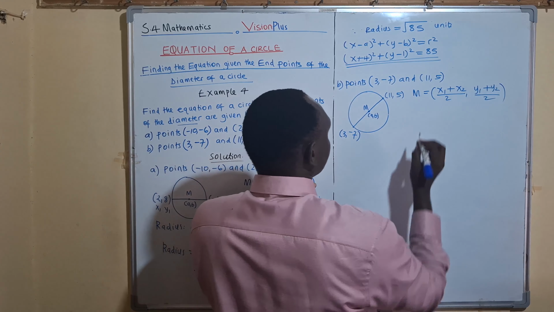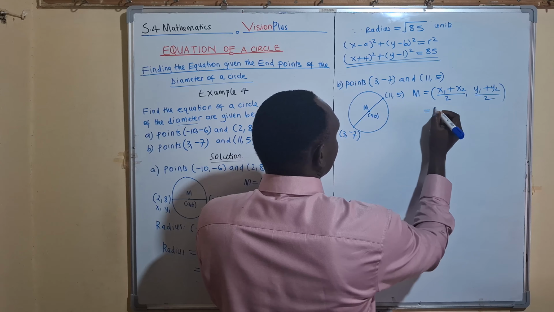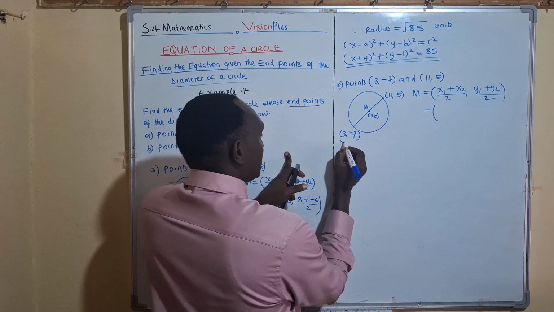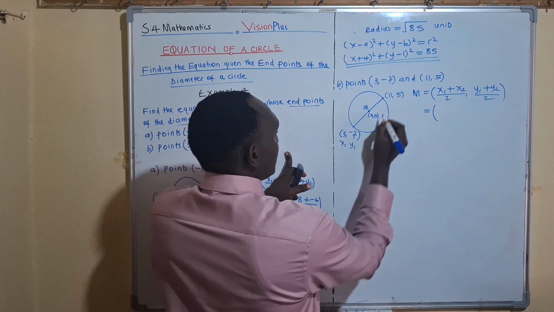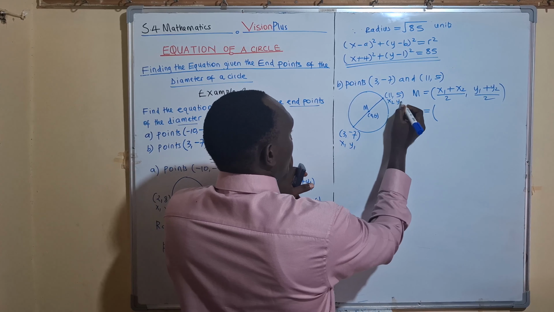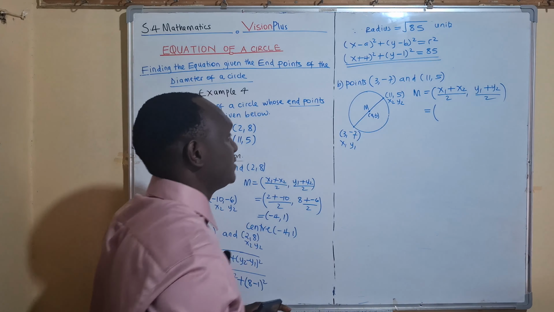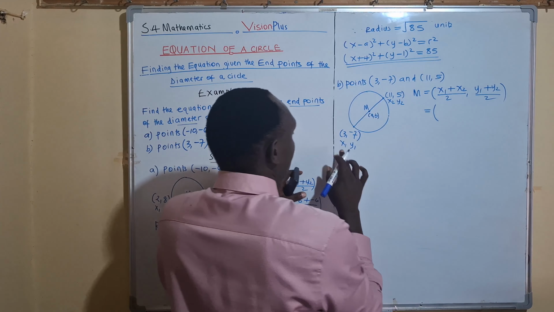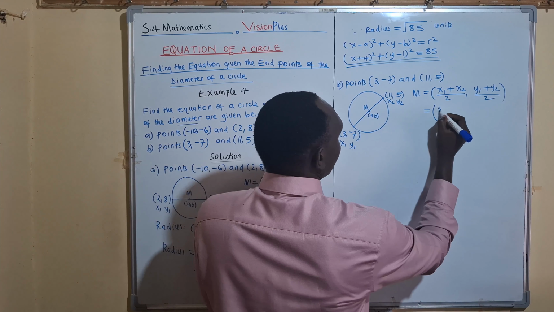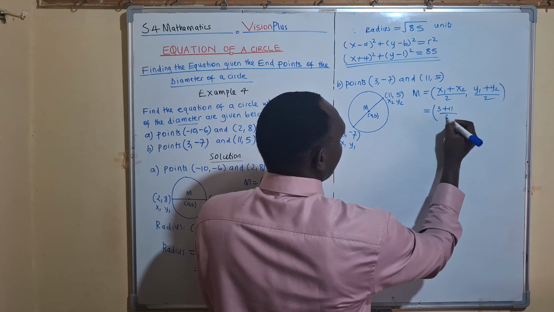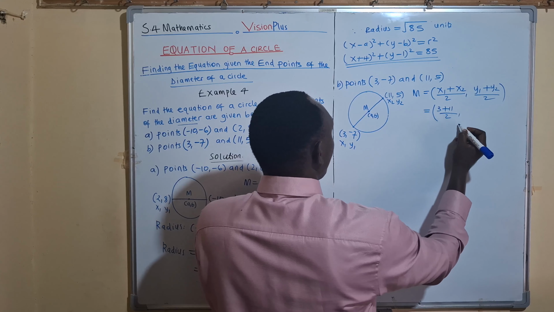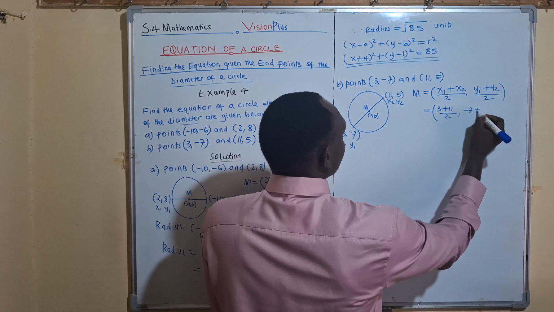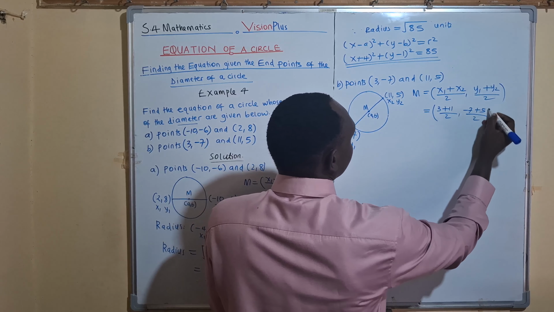What do we do here? We substitute. You come and name the points the way you want: x1, y1, x2, y2, or you can interchange. So x1 is 3 plus 11 divided by 2, comma, y1 is -7 plus y2, which is 5, out of 2.